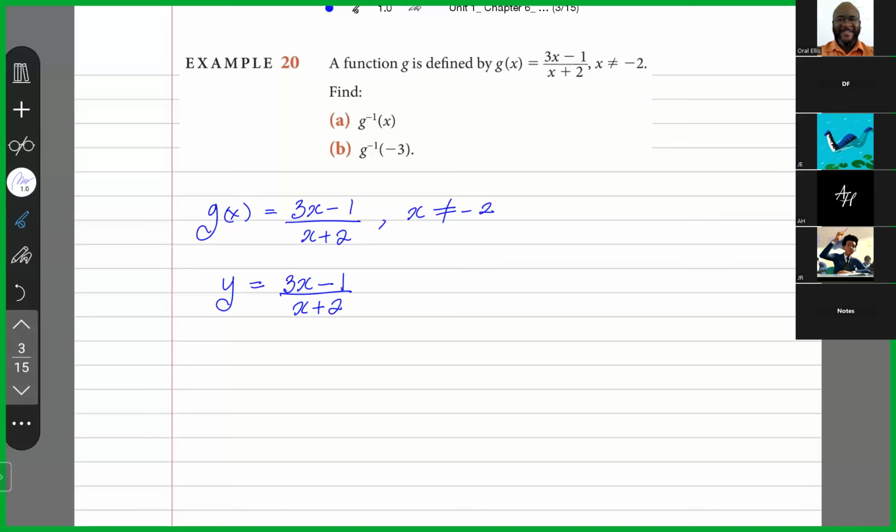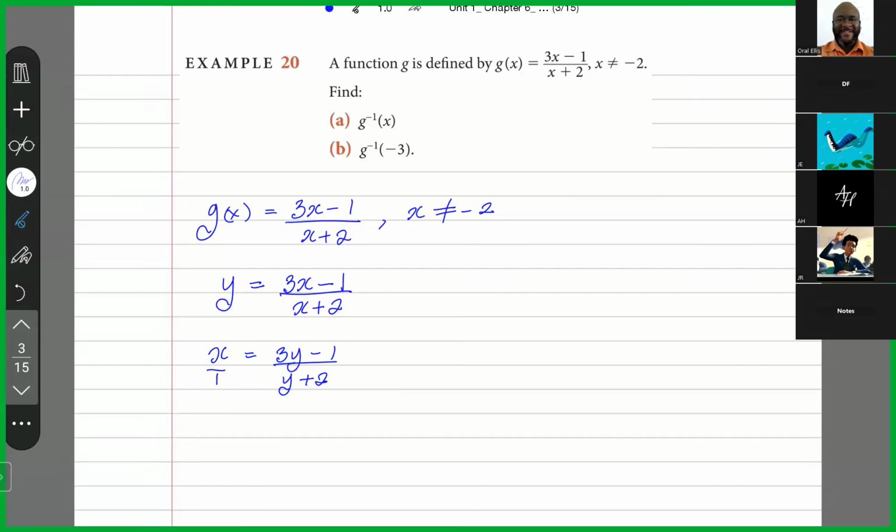Now, step 2 is to interchange x and y. Wherever I see x, I'm going to put y. Wherever I see y, I'm going to put x. That's step 2, the most important step.